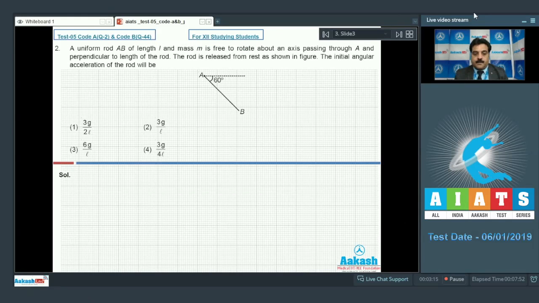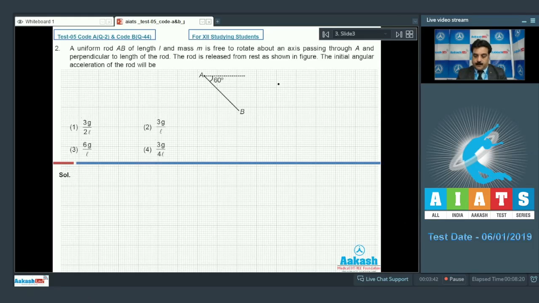In question number 2, a uniform rod of length L and mass m is free to rotate about an axis passing through A and perpendicular to the length of the rod. The rod is released from rest as shown in the figure. The initial angular acceleration of the rod will be. Here the question is asking for the angular acceleration.